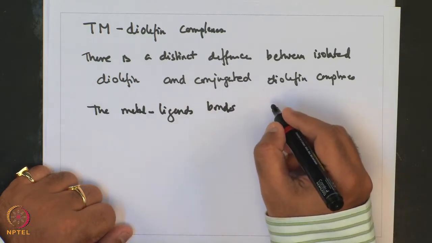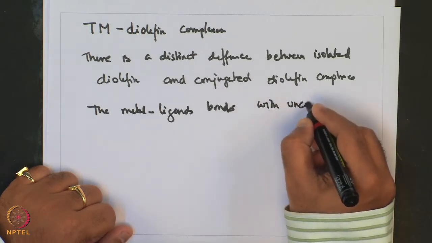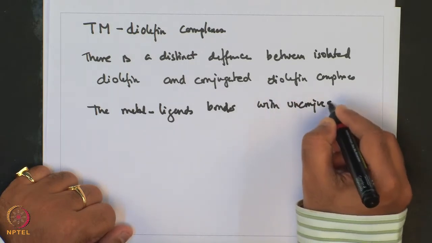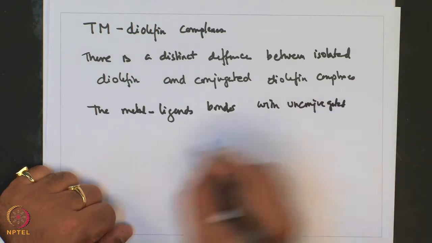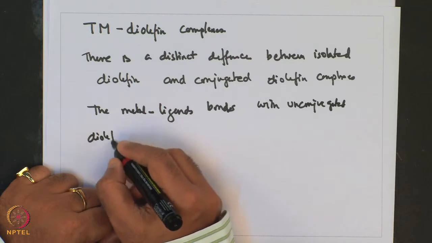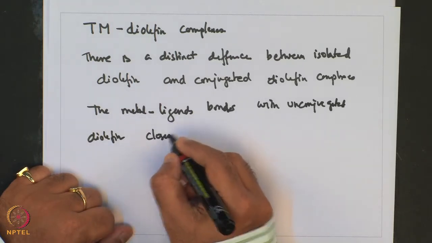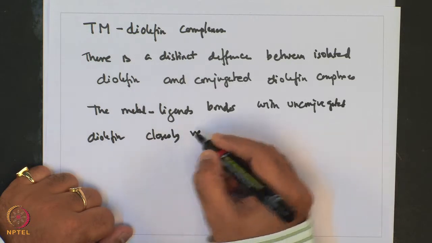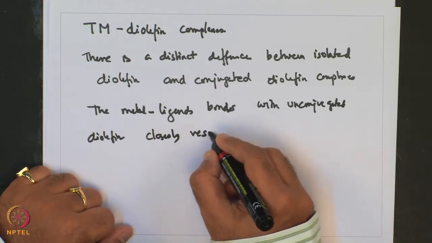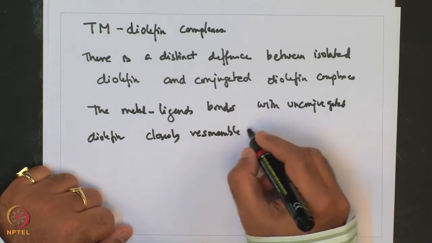In metal ligand bonds with unconjugated di-olefin closely resemble mono-olefin complexes.